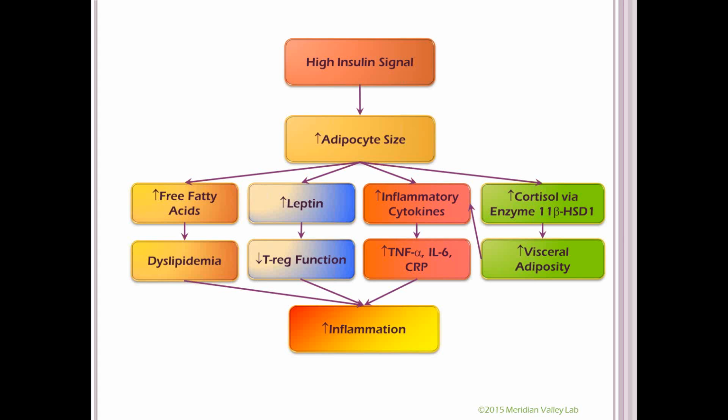We know that the more cortisol we have in circulation, the more we're going to be predisposed toward increased visceral adiposity. In turn, that leads to more inflammatory adipokines and more inflammation. So many ways that inflammation can come about as a result of insulin resistance, and in turn, several ways that we can intervene.